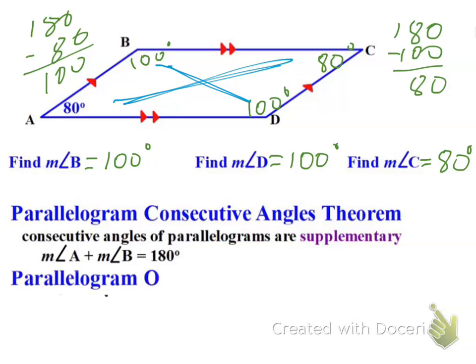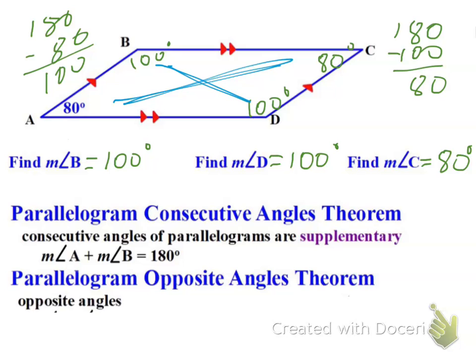This gives us another theorem, the parallelogram opposite angles theorem. It says that opposite angles of a parallelogram are congruent. So angle A is congruent to angle C, and angle B is congruent to angle D, because they are opposites.